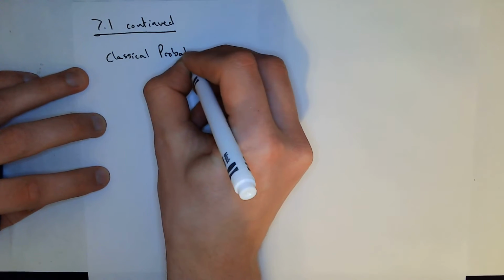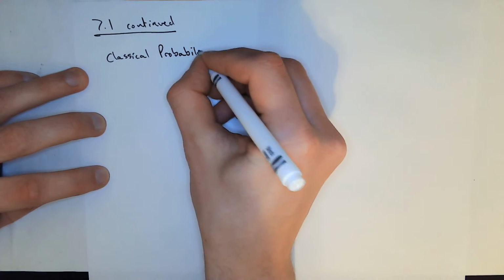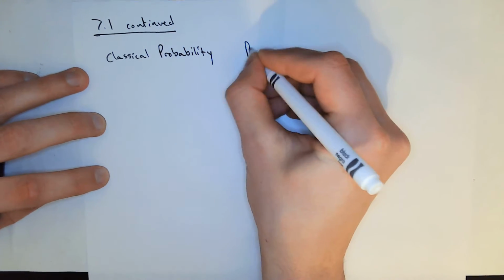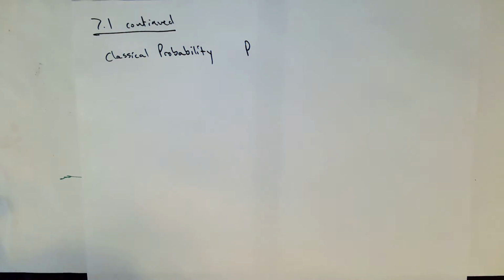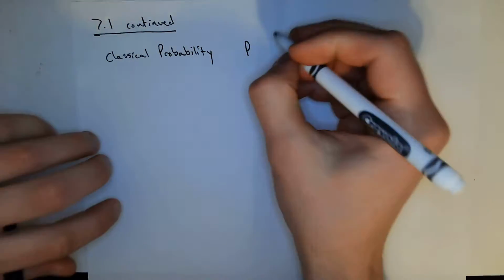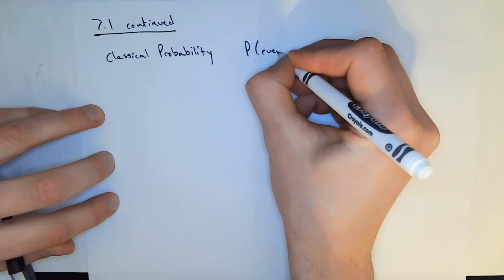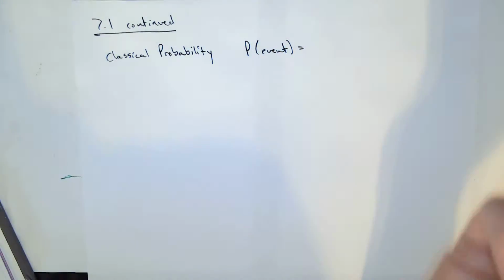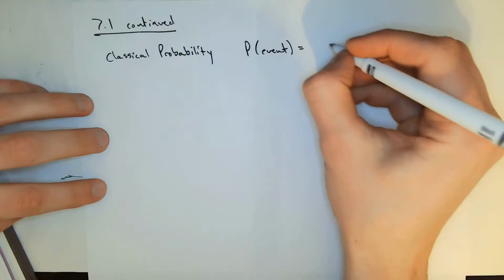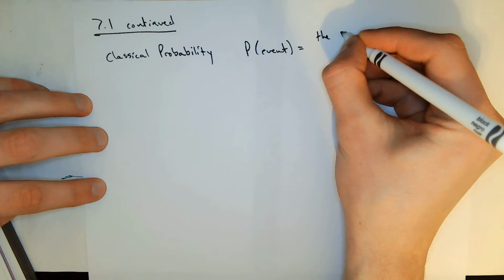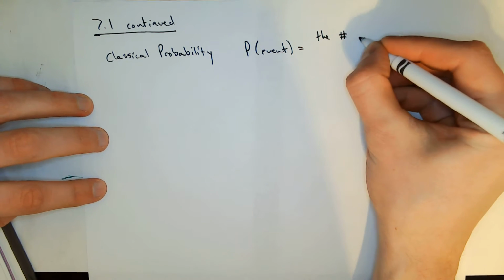Classical probability is, from the text, P of some event, which means the probability of some event, is equal to the number of possible outcomes in the event. We'll use that symbol for number.